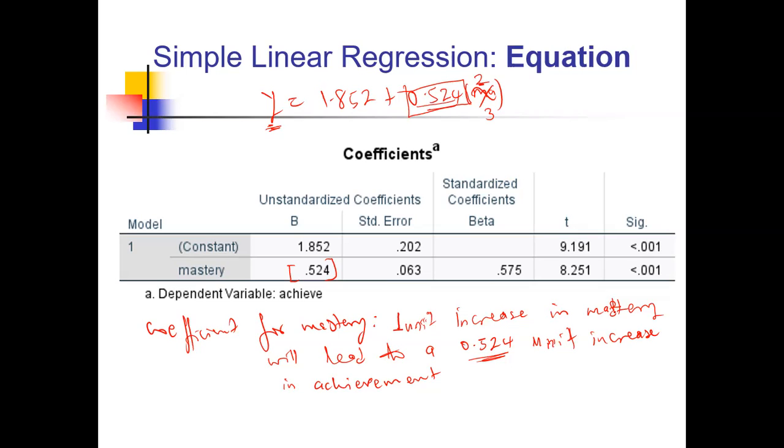So every 1 unit increase in mastery will lead to the value of the coefficient increase in achievement. Okay, and maybe as a template, let me use another color to do that. Let me write that on the board very quickly.